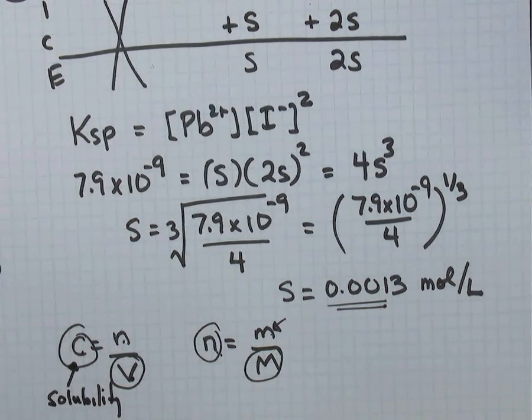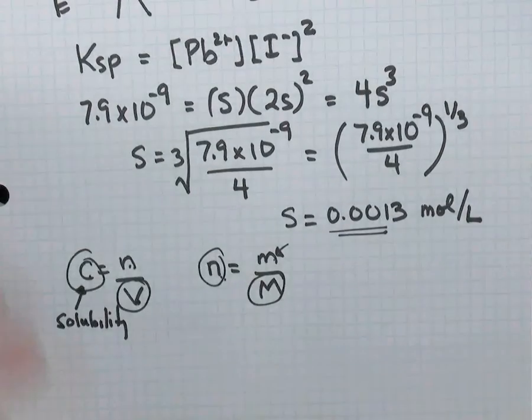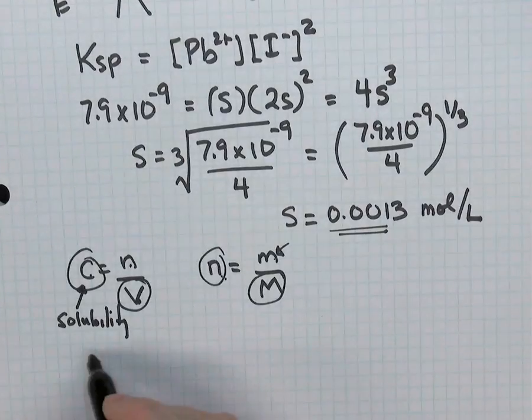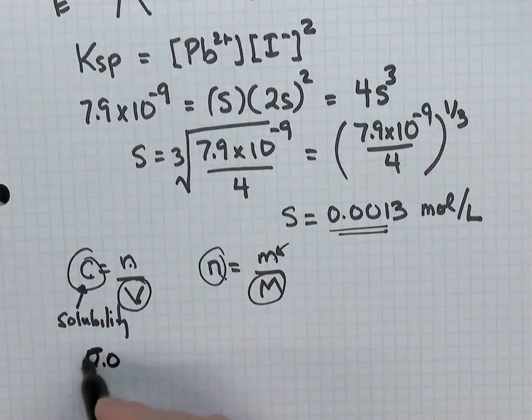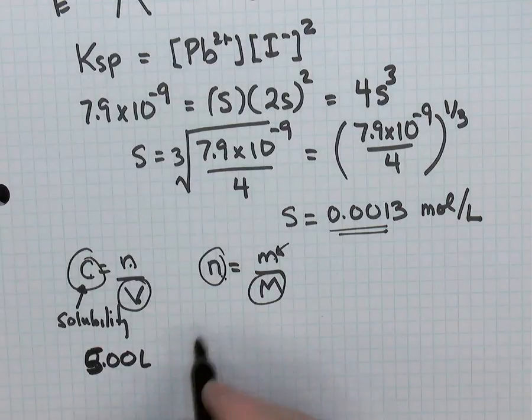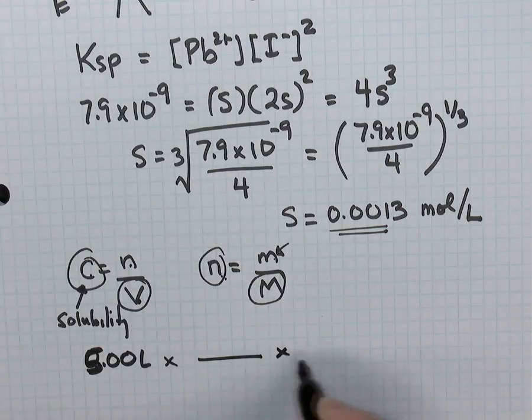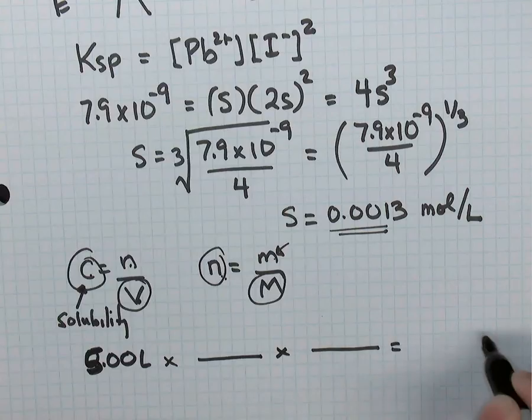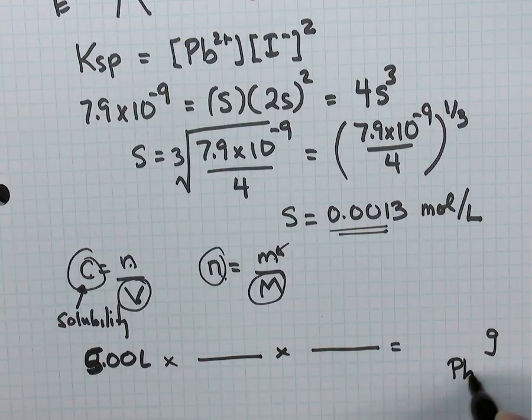I personally prefer to use unit multipliers when I do these problems, so I'm going to take my 5.00 liters of solution, and I'm going to use 2 unit multipliers to get the answer. This many grams of PbI2 are needed.